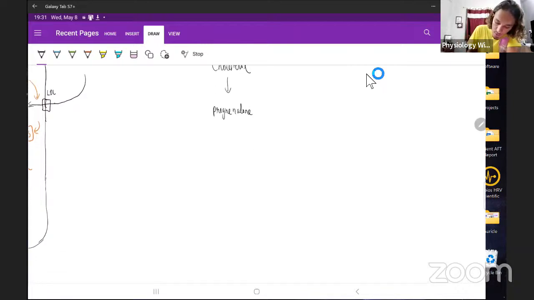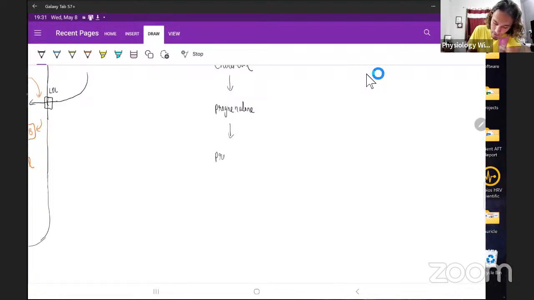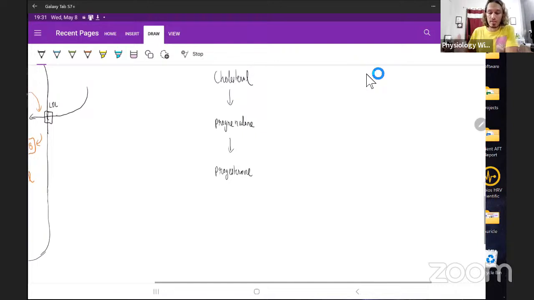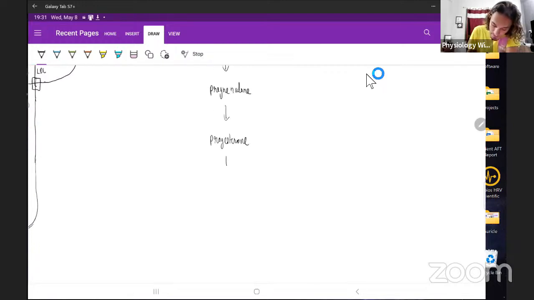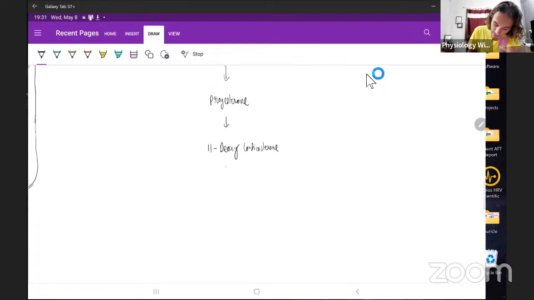Pregnenolone is converted to progesterone. Okay, so cholesterol to pregnenolone, pregnenolone to progesterone. Progesterone will be converted to 11-deoxycorticosterone. And from there, finally, corticosterone is formed.